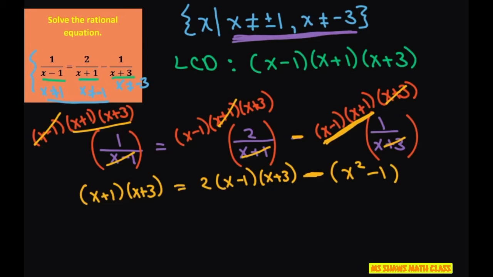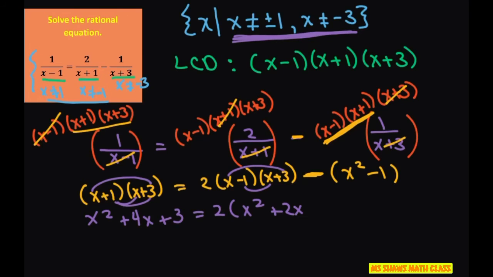All right, now let's go ahead and simplify. We get x squared, and then 3x plus x is 4x plus 3 equals 2 times x squared, and this is 3x minus 2x, or minus 1x, which gives you 2x, and that's going to be minus 3.